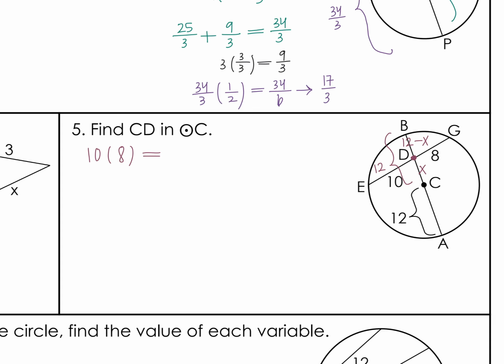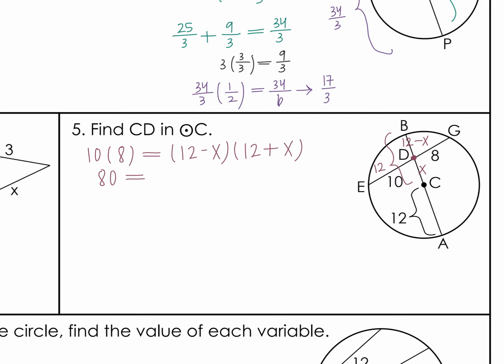So my first one is that 12 minus x. And on the other side, I would have that radius of 12 plus the x for DC. So 12 plus x. All right, and so now we are going to simplify. So we'll get 80 over here.